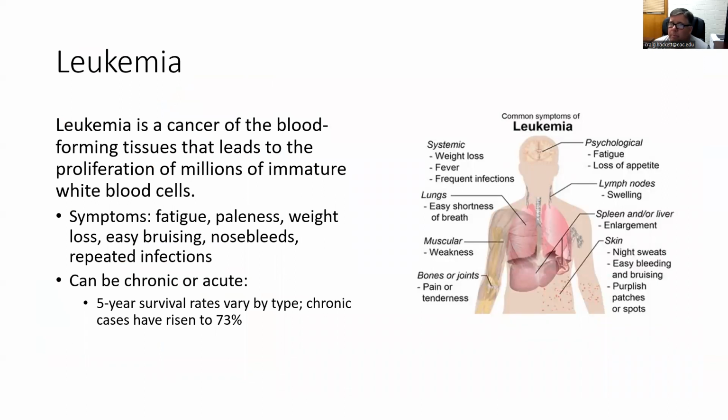Leukemia is blood cancer. It occurs in the bone where red blood cells and white blood cells are created, and basically leukemia is malformation of those white blood cells. White blood cells are part of your immune system, and if you don't have those, then you're not fighting off disease. So you either have immature white blood cells, mass-produced ones that aren't fighting infection, or you're not producing them at all.